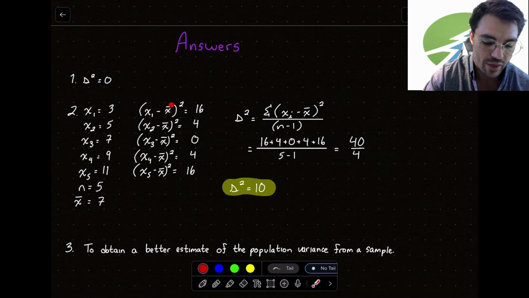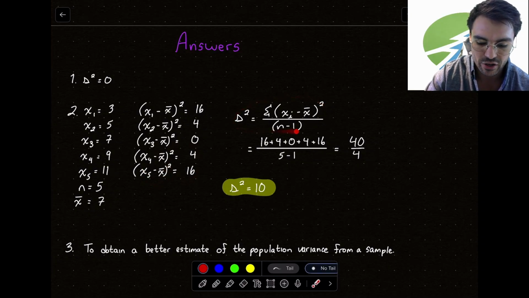Then we take each observation, subtract our found mean from it, and square that number. So this is 3 minus 7 squared, which is negative 4 squared, 16. 5 minus 7 squared, negative 2 squared, which is 4. 7 minus 7, 0 squared equals 0. 9 minus 7 squared is 2 squared is 4. And then 11 minus 7 squared is 4 squared is 16.